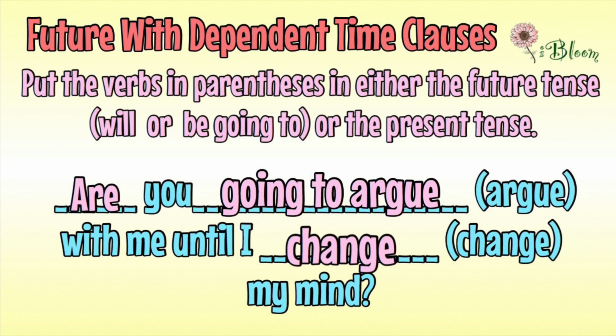Yeah, you're doing really great. Are you going to argue with me until I change my mind? We have the main clause in the future and the time clause, which is present simple.